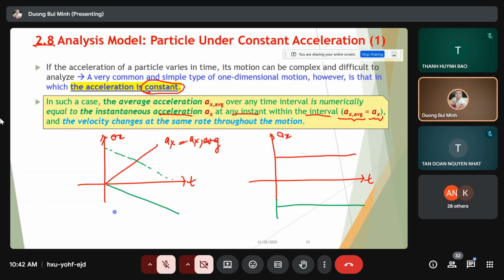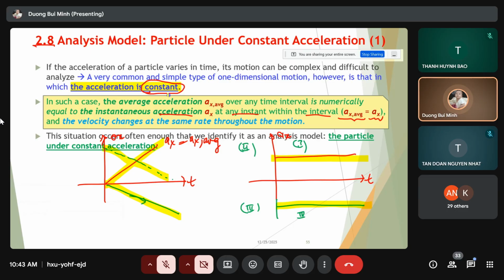This left is in the fourth quadrant, this is the first quadrant, fourth quadrant, second quadrant, third quadrant. So this is the assumption.